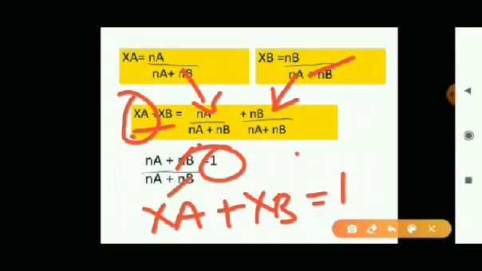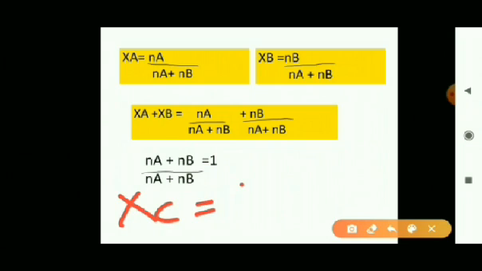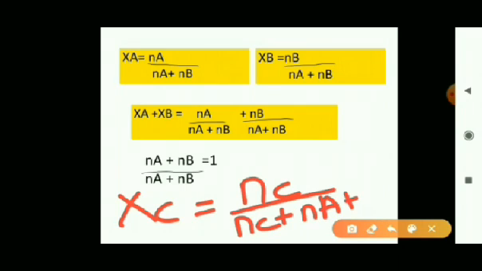Same things we have to do. Now, taking the mole fraction of C is equal to Nc divided by Nc plus Na plus Nb. Three components we are taking now, so it becomes this form.